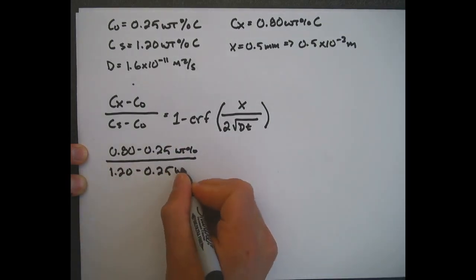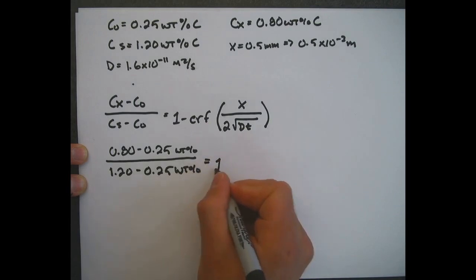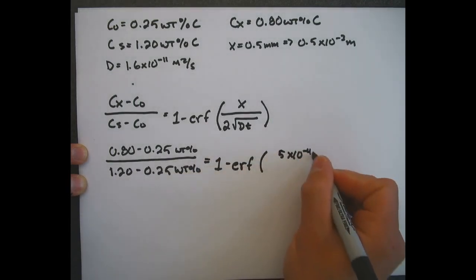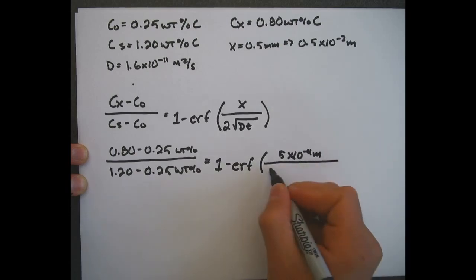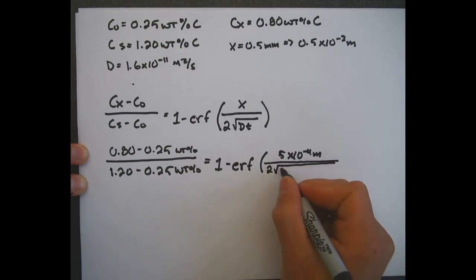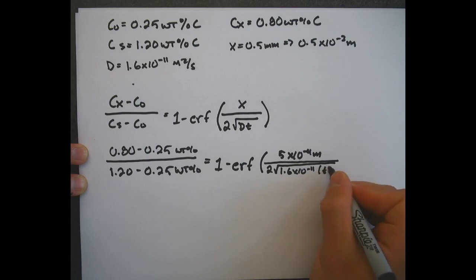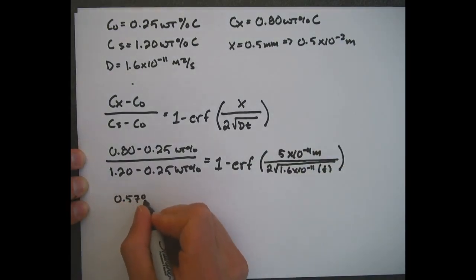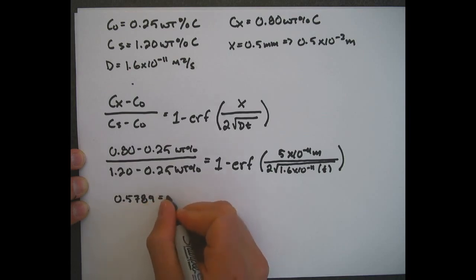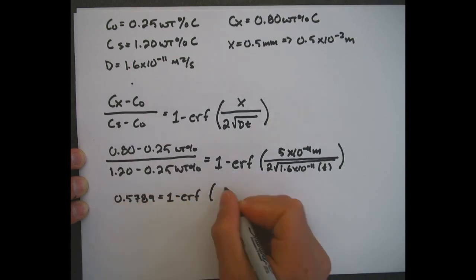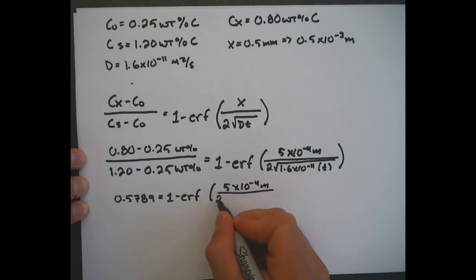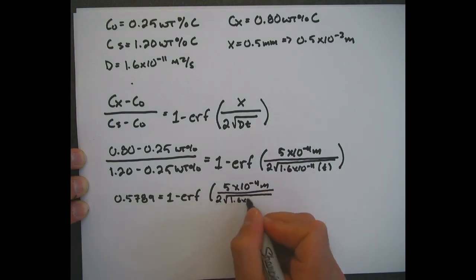So I'm filling in the formula, the error function formula that I've shown you numerous times now, and I'm going to show you how to calculate and solve how long it's going to take for this diffusion with these specified concentrations. Solving on the left hand side, what we get is 0.5789 equals 1 minus the error function of that.